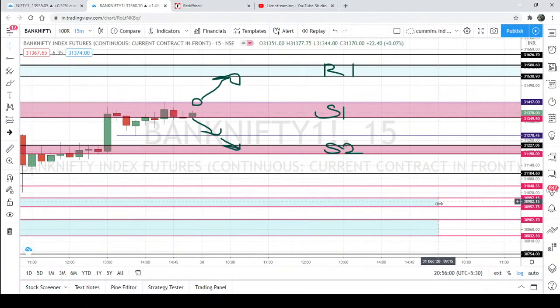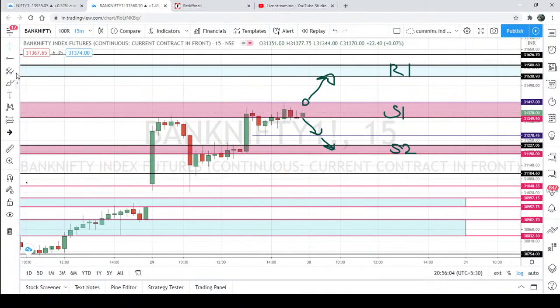Okay, S3 is somewhere here. So as simple as that, any close below the S1 level I will target 31,270 and 31,200 levels, and below this we can expect 31,100, and once it closes above R1, guys, you can see 31,626 as well.